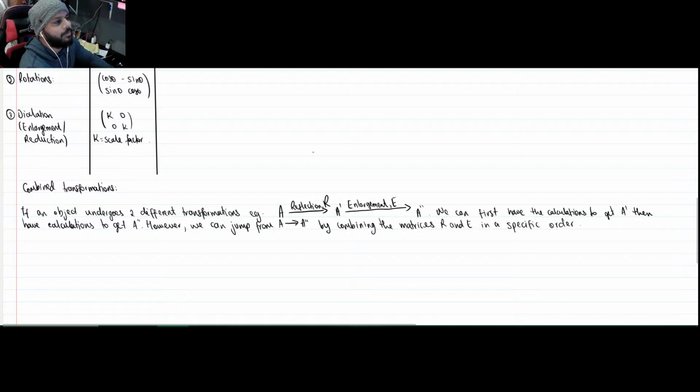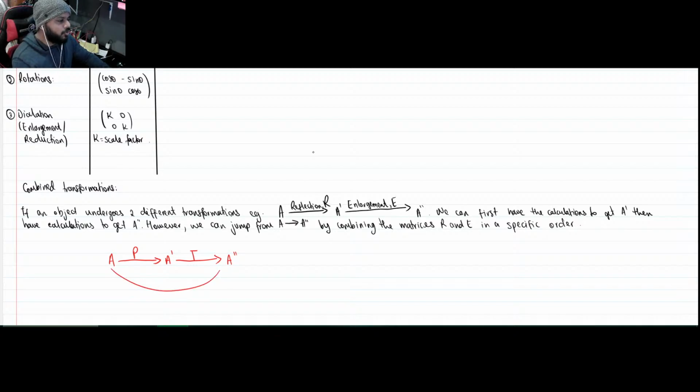And I'll give you an arbitrary example that you'll see a lot. If I have A going through the matrix P, I get A prime, and then A prime going through a matrix T to get A double prime. Remember, the matrix P and the matrix T are two by two matrices.